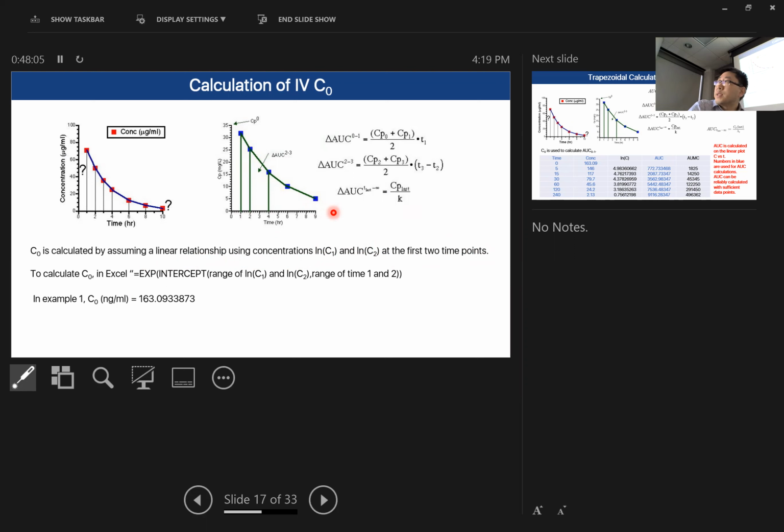Okay, make sense? So remember, to calculate C0, you only use the first 2 time points. And that's how we calculated this in the previous example.